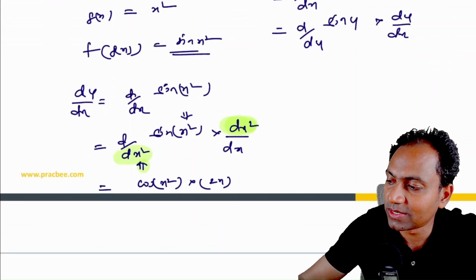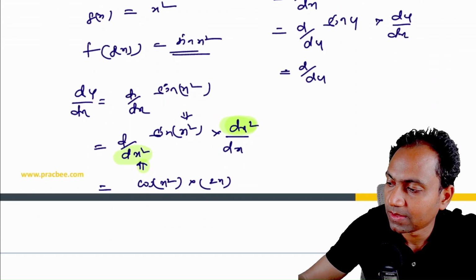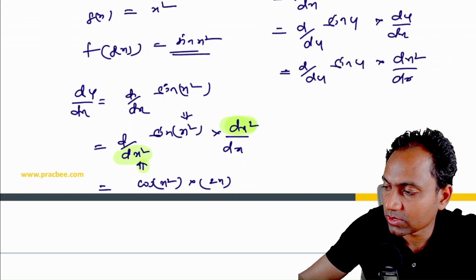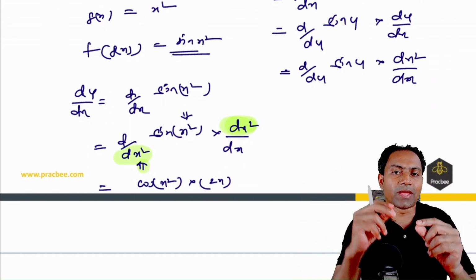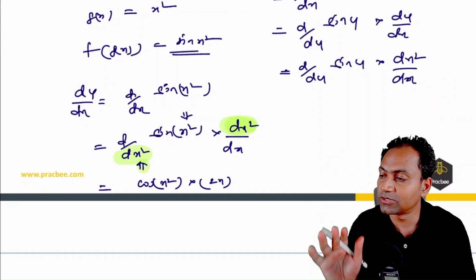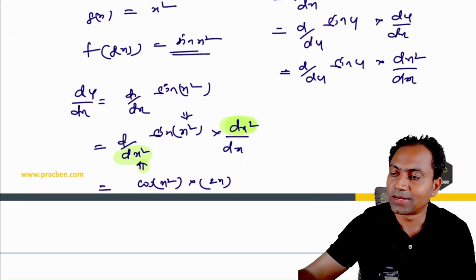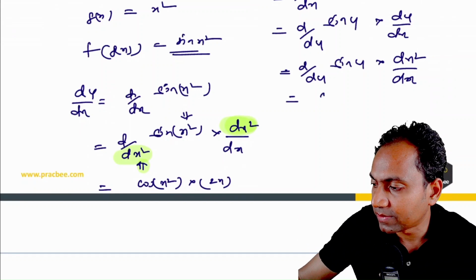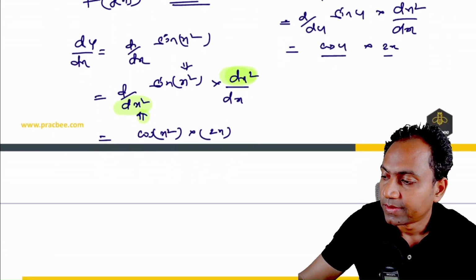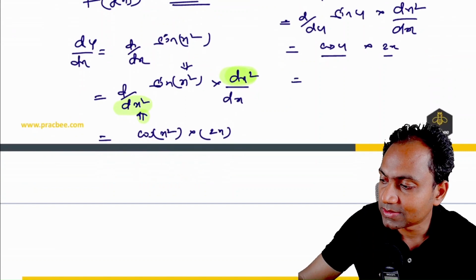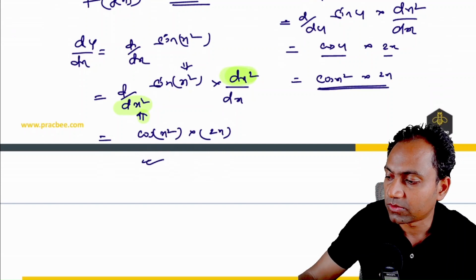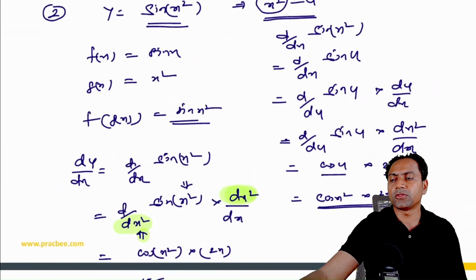Then we substituted the value of u here, that is d(x square) by dx. Now we can see that whatever is the variable in the denominator, the same kind of variable is coming in the function as well. So this differentiation we know, we can put the value and we can get the answer. If I do the first part, it becomes cos of u. If I do the second part, it becomes 2x. The cos of u can be written as cos of x square, and this becomes 2x, and this is same as what we figured out earlier. So this is the underlying principle or the theory behind it.